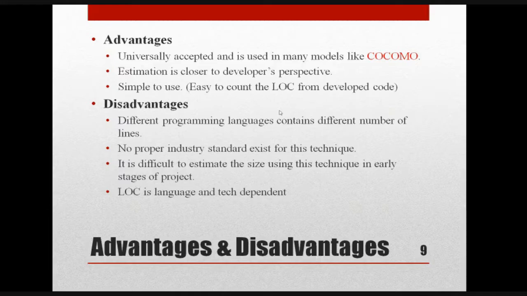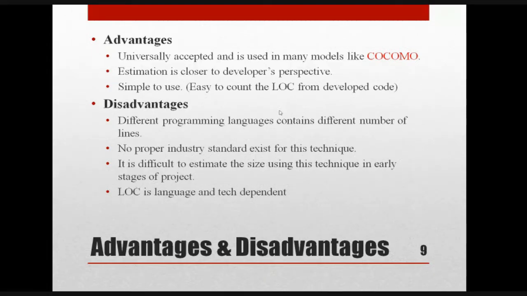Likewise, some basic major blocks are there that we can easily reuse, so we can identify the lines of code. So it is universally accepted and used in many famous models like COCOMO. That COCOMO model we are going to discuss in the next class.